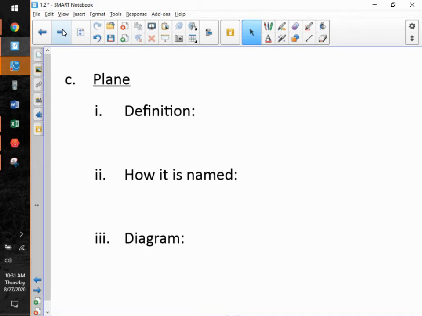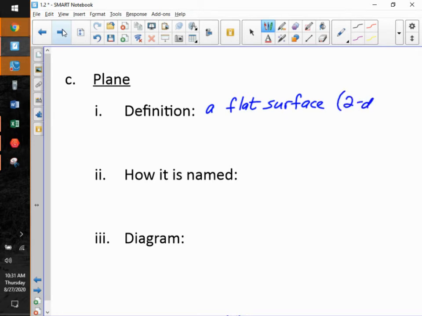Okay, and the definition of a plane, now we're starting to expand our thinking a little bit more, but a definition of a plane here is going to be a flat surface. Let's go with that for now, guys, as kind of a functional definition. A flat surface, and this is important here, guys, to understand that a plane is 2-dimensional as opposed to 3-dimensional.